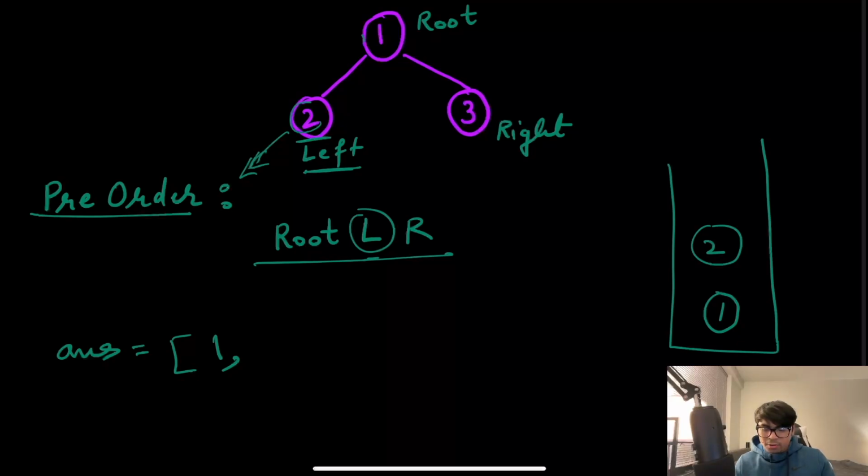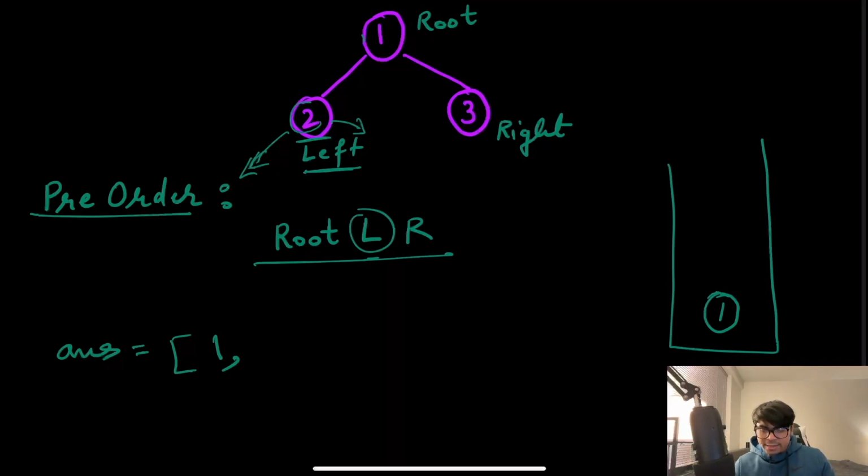Then we pop out of the stack, and what we do is we process the right part of it, which is also none in this case. So we do nothing, we just go back, and then we reach here on our stack. We're going to check if our stack is empty or if our current pointer is none.